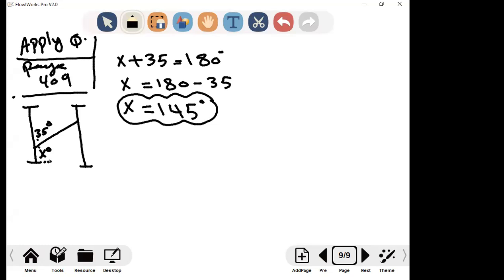But they wanted to make it what? Smaller. By how much? Let's find the 7% of this angle. How do we find percent of a number?